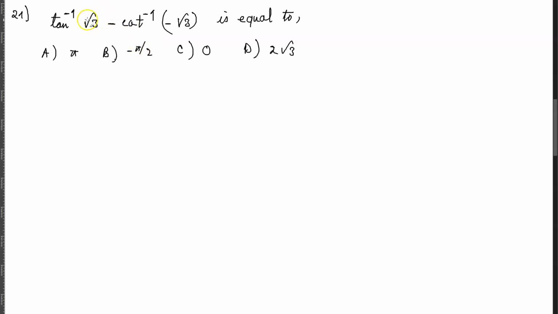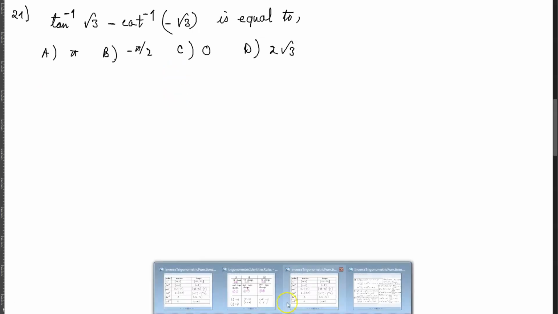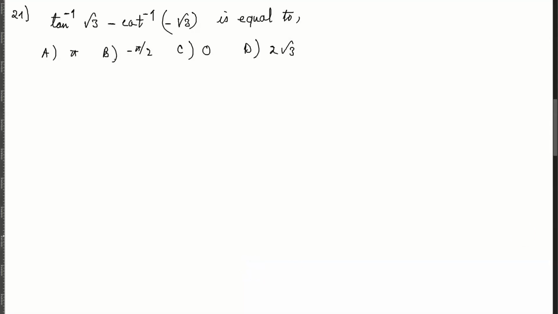So basically the tan inverse of square root of 3, you can calculate it using the tan inverse function and the cot inverse function.